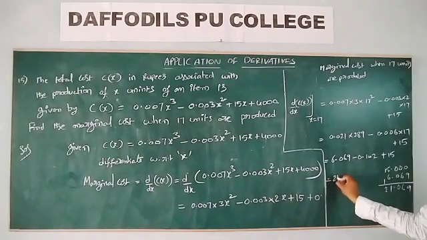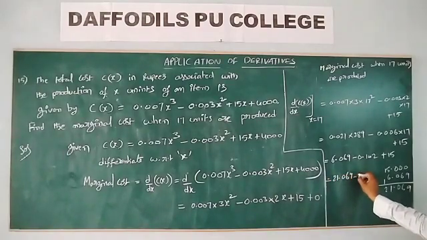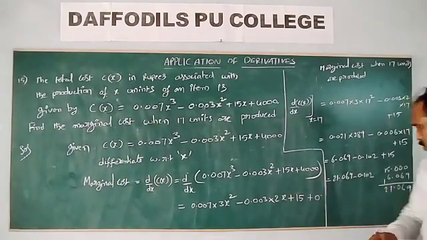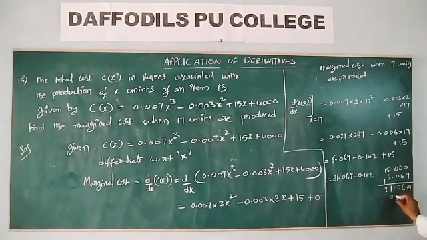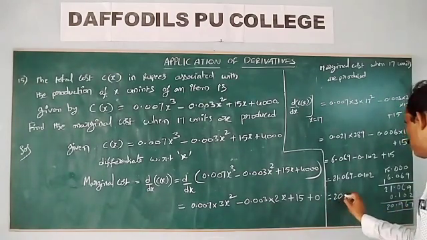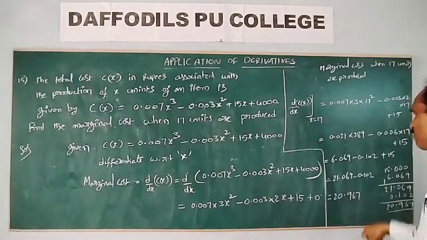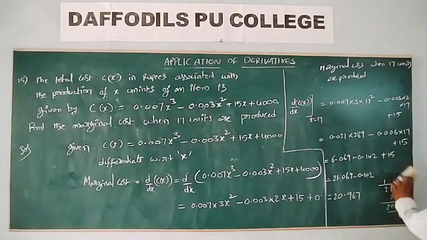Subtract this one: 21.069 minus 0.102, that is 20.967. Finally this value, the marginal cost of 17 units, is 20.967.